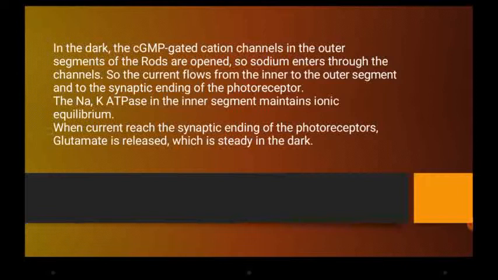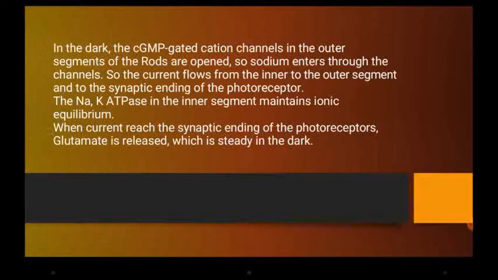Then, to maintain equilibrium, we have the sodium-potassium ATPase pump to maintain the ionic equilibrium. Now, when the currents reach the synaptic ending of the photoreceptors, the neurotransmitter glutamate is released abundantly, and it is steady in the dark.